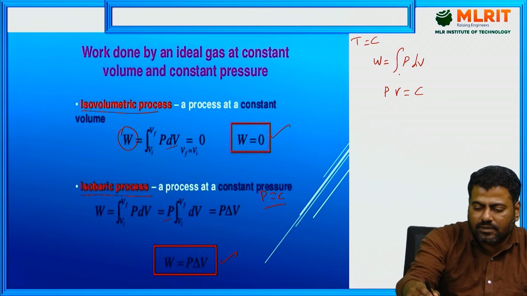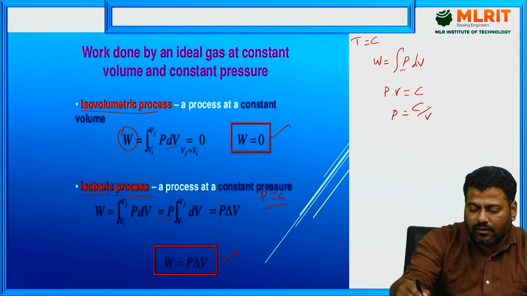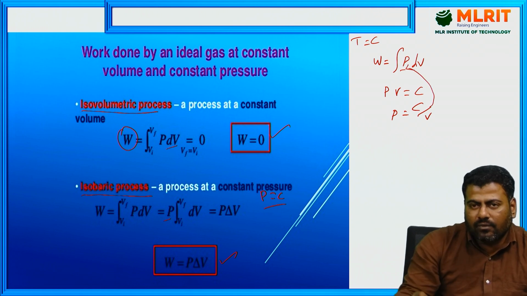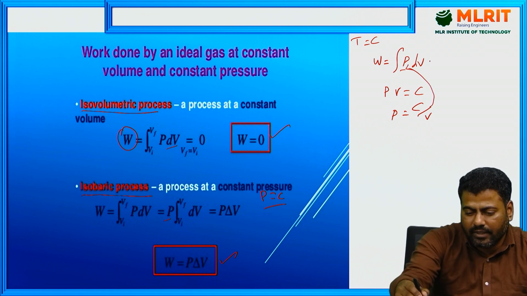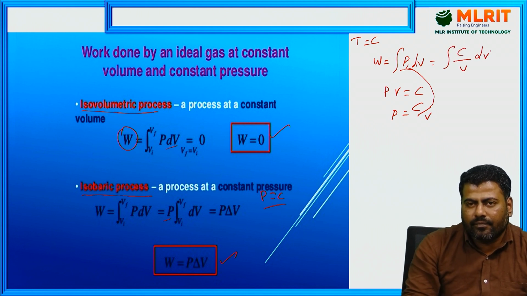So then what is this P actually? P is nothing but C by V. So substitute this P over here. Now I can get the equation only in terms of V: C by V dV, so that is dV by V. This C is a constant parameter, I can take it outside.